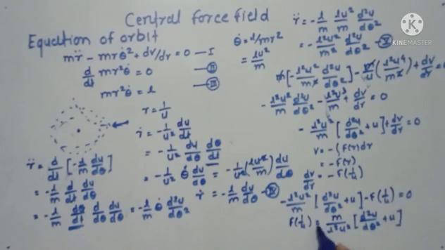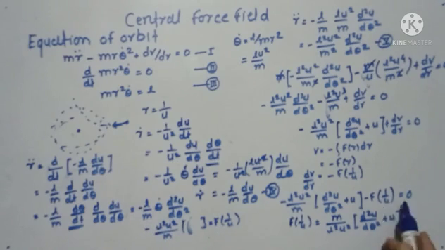So let me check whether I have missed any step. L square u square upon m, this is the whole bracket, is equal to f of 1 upon u. So this is minus over here still. We have just taken this f of u on the right hand side.